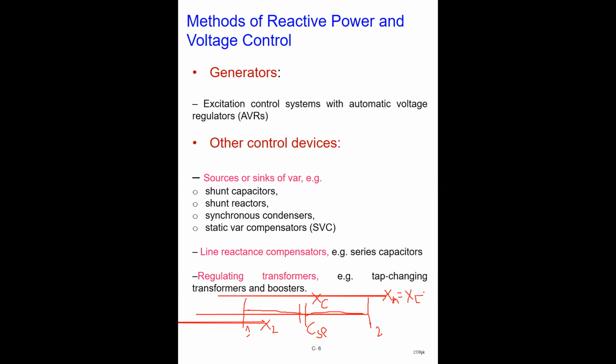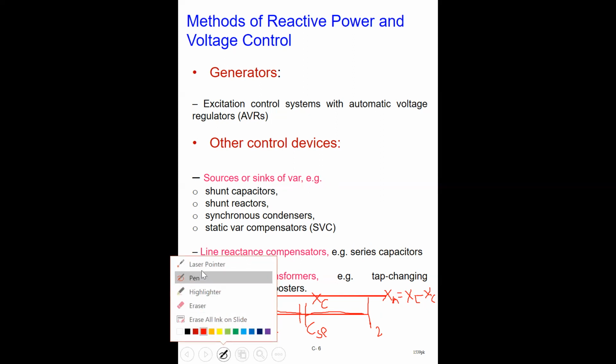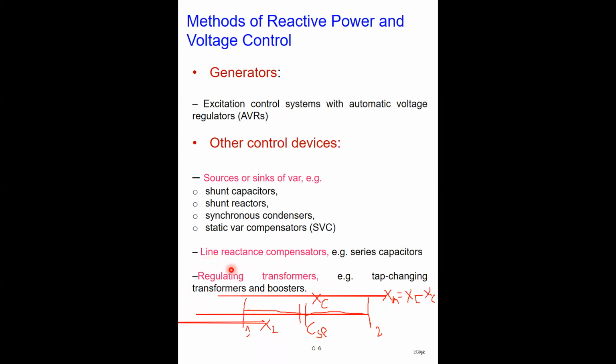Thus the net reactance of the line can be effectively reduced, so we can use series capacitors, but normally we don't use it. In some situations we have it in application.